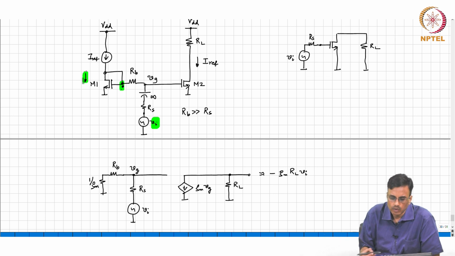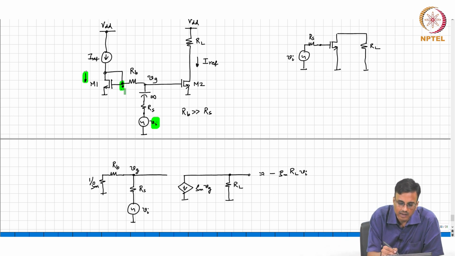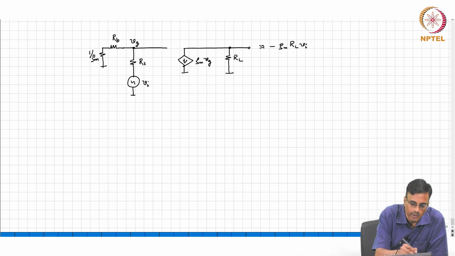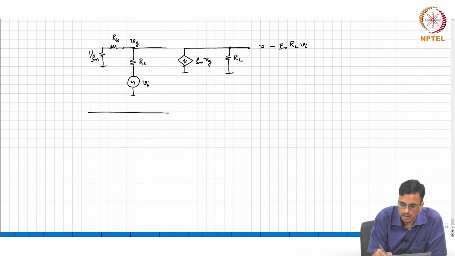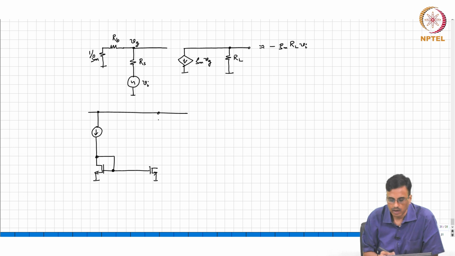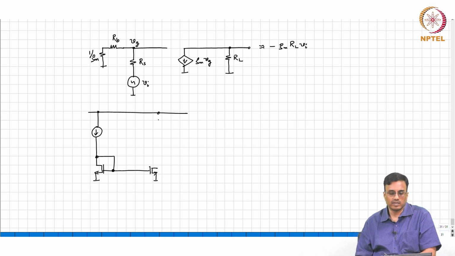All right. Now, this circuit, as you all very well know, is called the current mirror. And it is not only used to make copies of the same current.